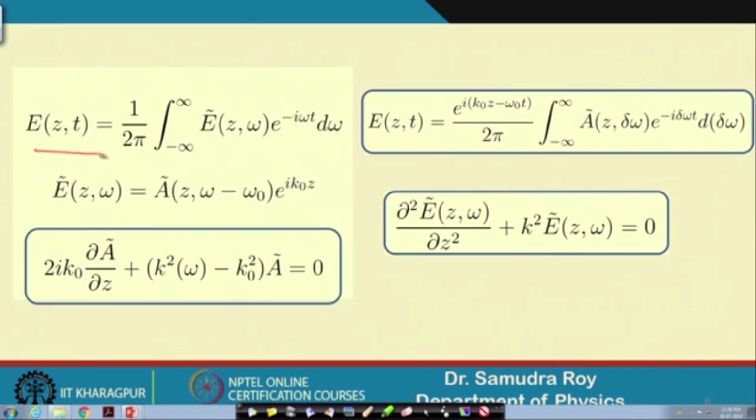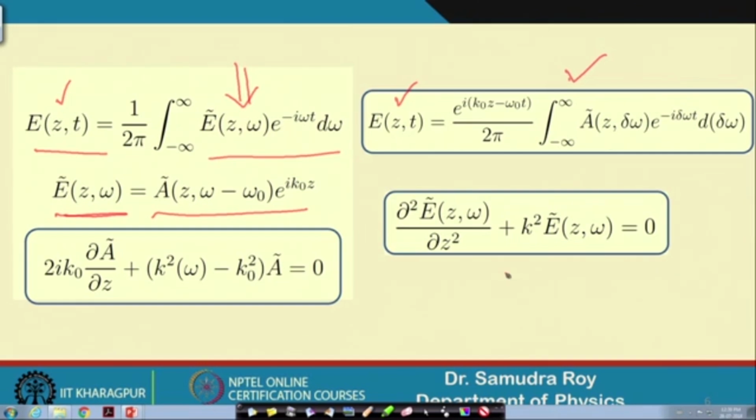So, Ez under Fourier transform, these are the Fourier components of this. Ez can be represented in terms of A like this. In both cases, this is Ez on the left hand side. Now if I start comparing these two equations, we will readily find that E tilde z will be this quantity, A tilde of omega minus omega 0 times e to the power i k 0 z, just comparing these, because in both cases it is Ez.